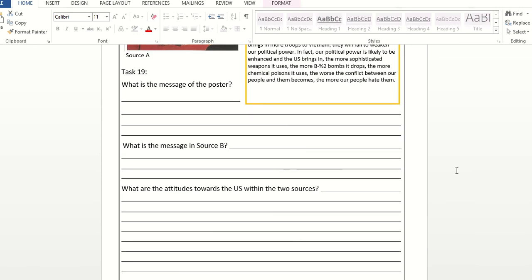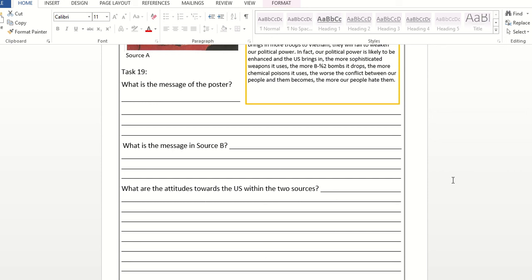To give you some tips, think about the message of each source. What is the source trying to tell you? And for a bit of advice on the last question, I'd think about two things when thinking about the attitudes towards the US. What's the provenance of each source?